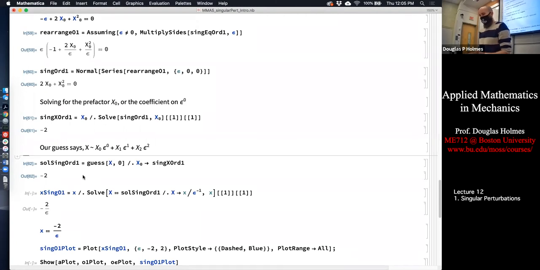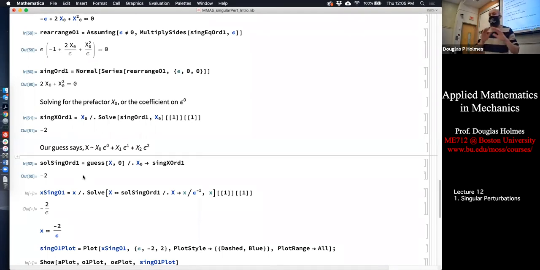Maybe it's because they're both expansions where we're taking epsilon to a certain order. In line 60, where you're doing the normal series, what exactly are you doing there and what's the point? I see you're replacing your guess at order 1 into there, but I'm just a little confused. It's not a great question, but I don't know how to word it.